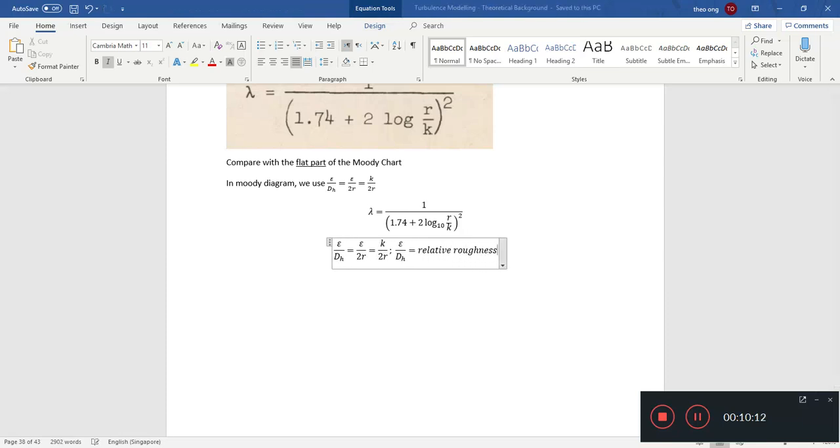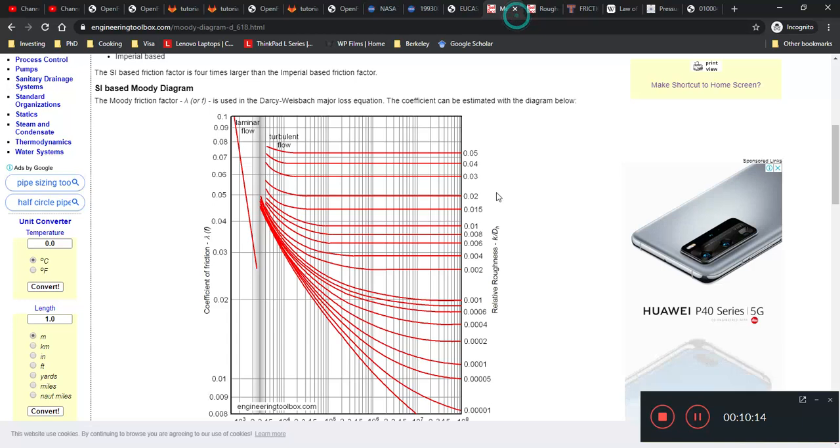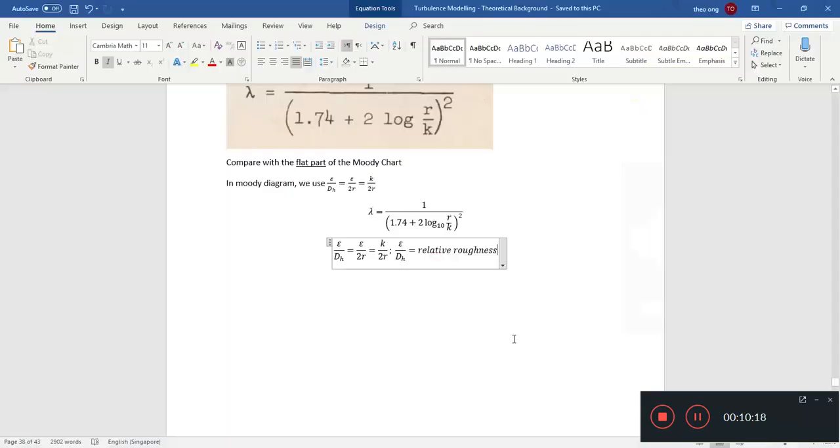Okay, so why is that important? Because it makes it easy to compare. This relative roughness is what you see on the right over here, and that's what we want to use to compare, just very quickly. So the relative roughness equals K over 2R.